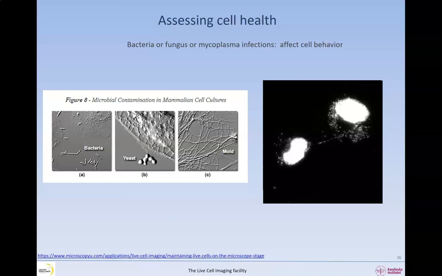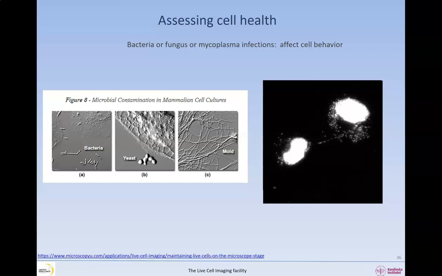Aside from the numerous problems associated with photodamage, as well as non-proper environmental control, you must also be alert to the possibility of microbial contamination during the course of your experiment. The most common contaminations are those that occur due to bacteria, yeast, mold, fungi, and probably the most common is mycoplasma, as visualized in the image on the right.